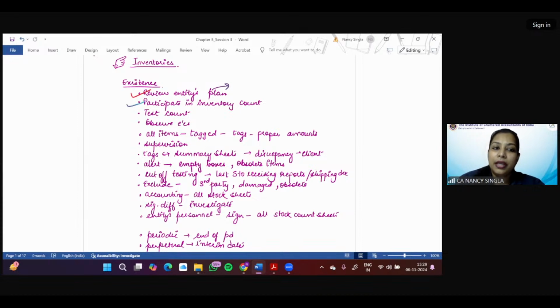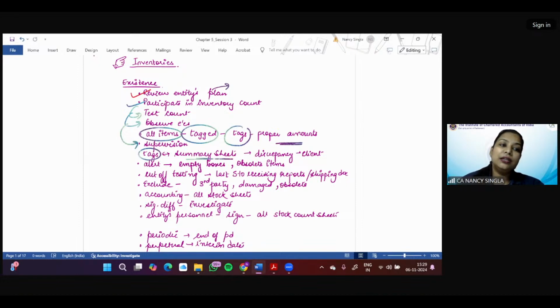Participate. And when he's participating, he'll test count, he'll observe the employees, he'll observe how the supervision has been done. He'll also observe that all items of the inventory are being tagged, and the tags should be with respect to what? Proper amounts.